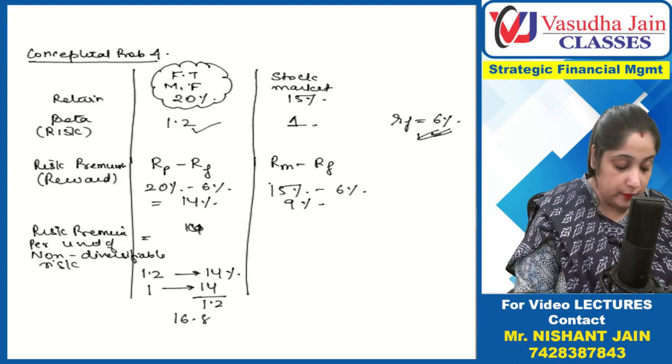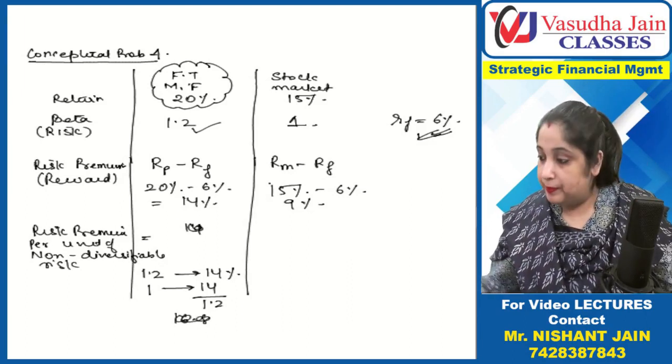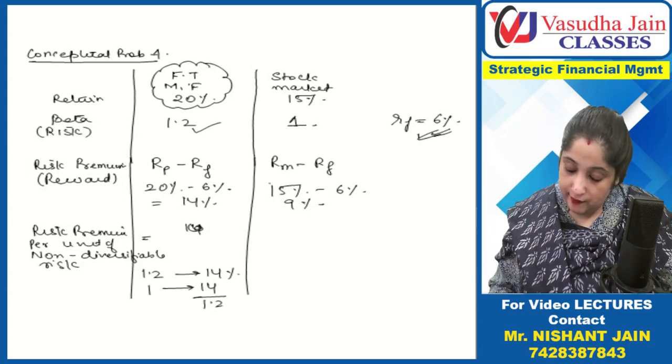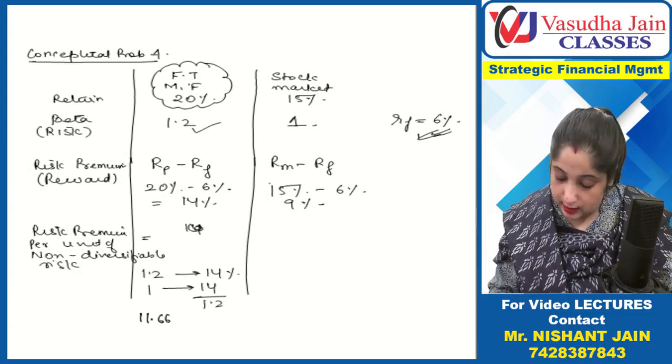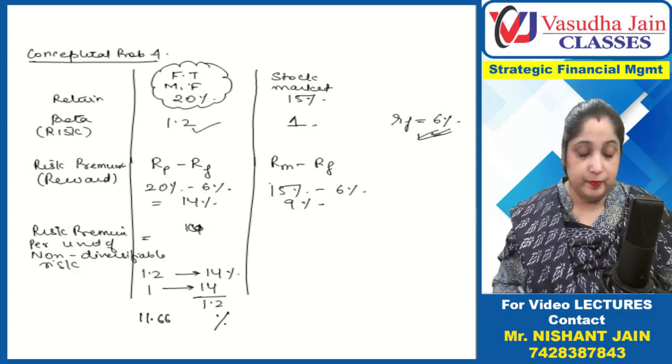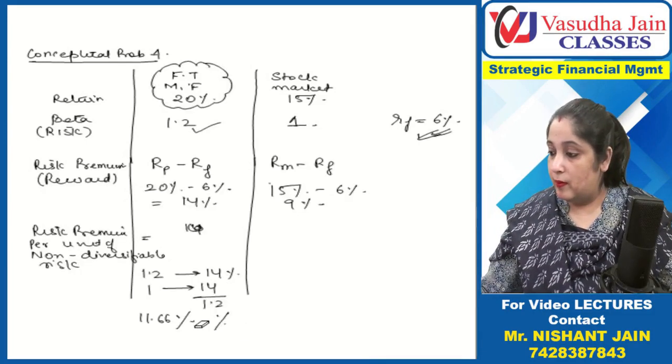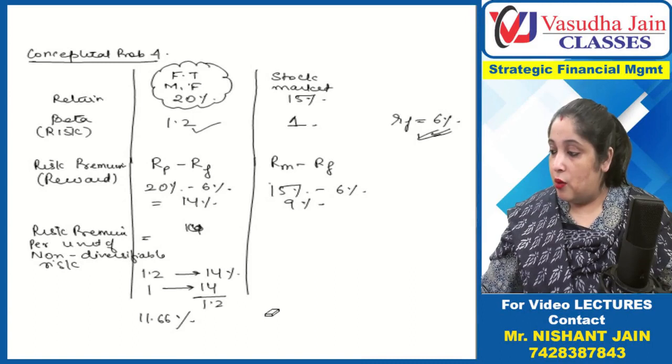So you computed 14 divided by 1.2. You are getting 11.66%. Yes. So what have you computed?